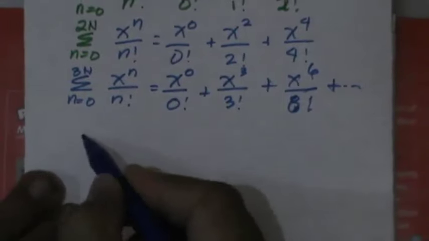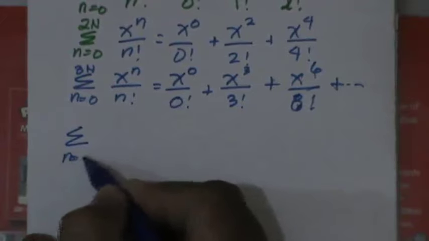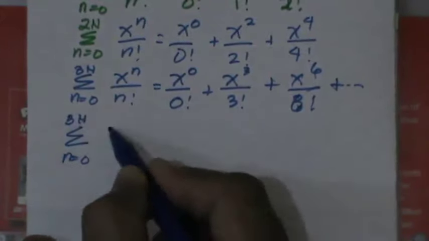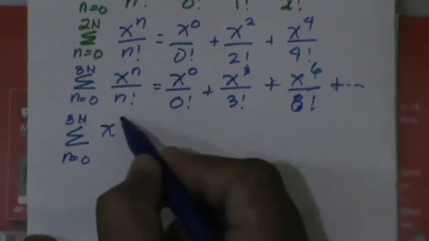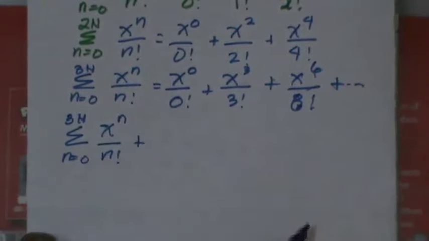So you have the sum from n equals 0 to 3n of x to the n over n factorial, plus. That one is this part here.